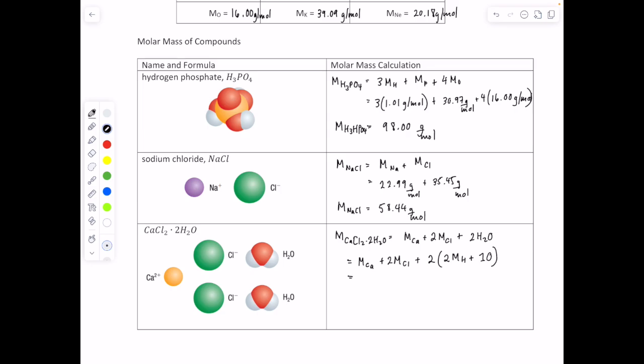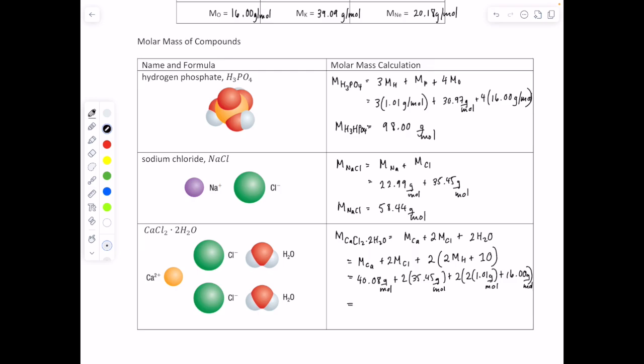So we can use our periodic table. Calcium has a molar mass of 40.08 grams per mole, and chlorine 35.45 grams per mole. Hydrogen 1.01 grams per mole, and oxygen 16.00 grams per mole.